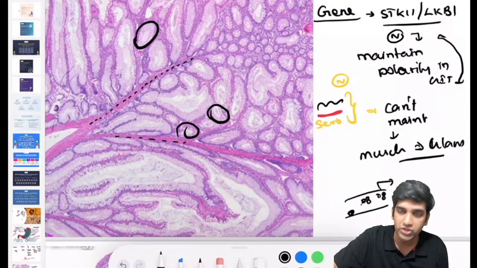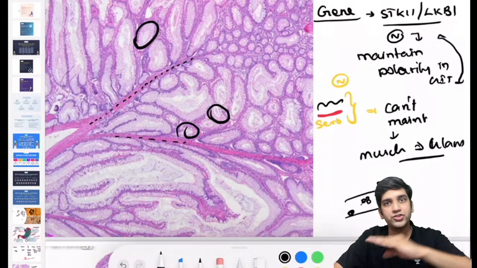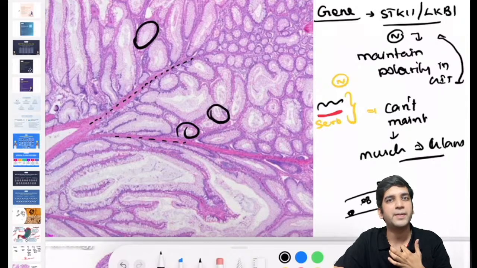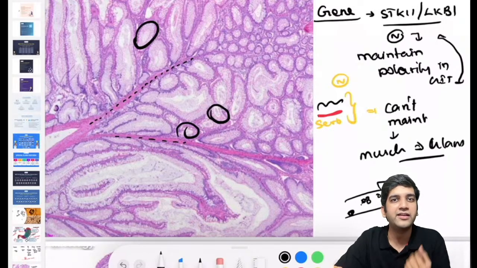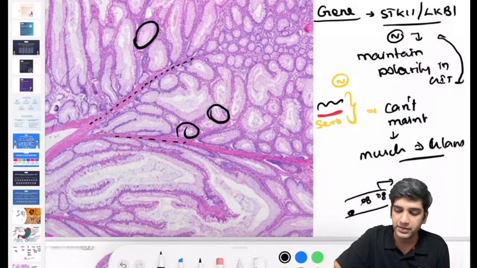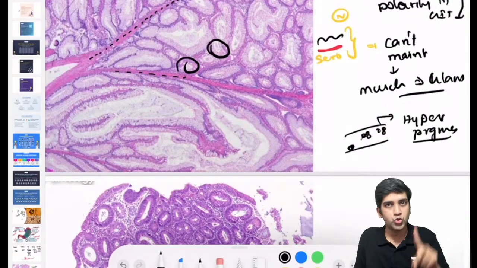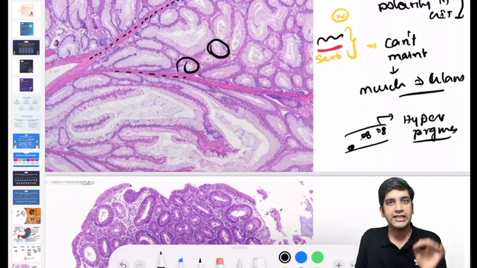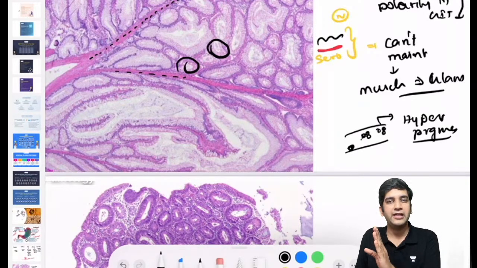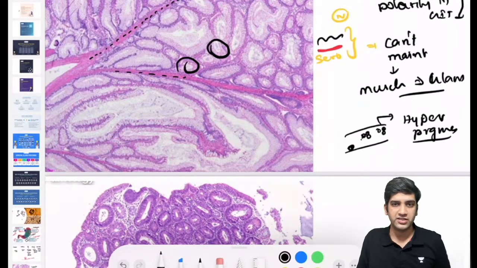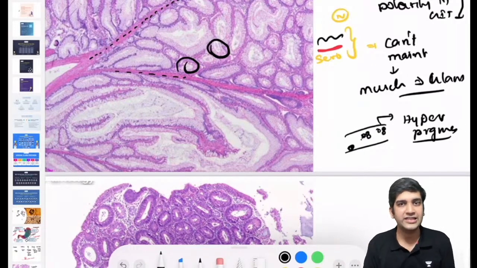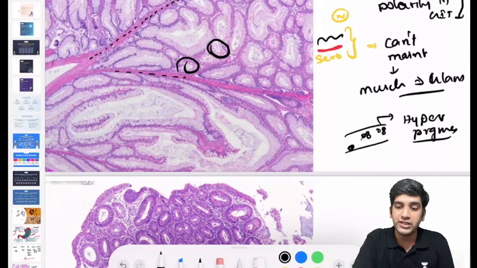So can melanocytes in the stratum spinosum or granulosum, with a little increase in proliferation, cause hyperpigmentation? It will cause hyperpigmentation, right? Again, the oral mucocutaneous hyperpigmentation is also due to the pathogenesis. It's STK11, LKB1, which helps in maintaining polarity and also the tumor suppressor effect, which gives the classical finding of Peutz-Jeghers syndrome.